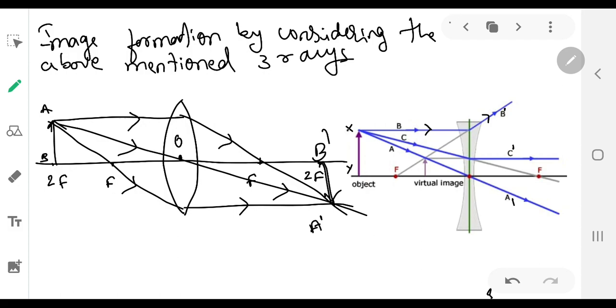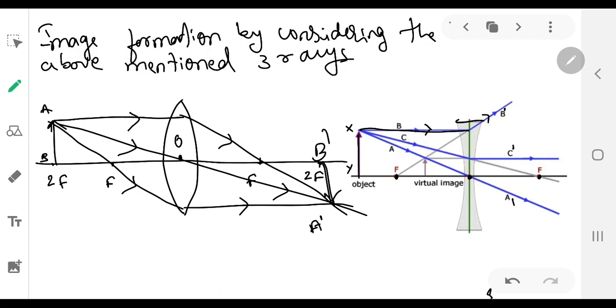So let us consider XY as the object. Here is our concave lens, optic center. This is our principal focus F1 on one side and F2 on the other. First ray that we can consider is parallel to the principal axis.